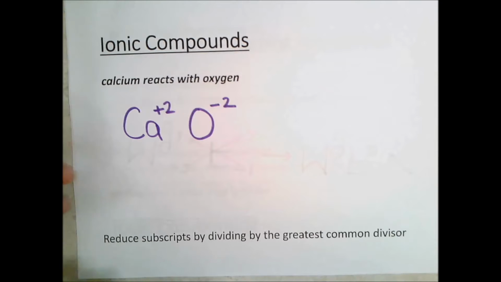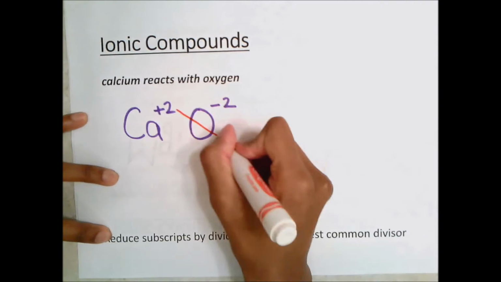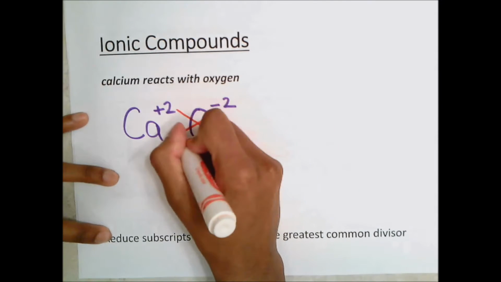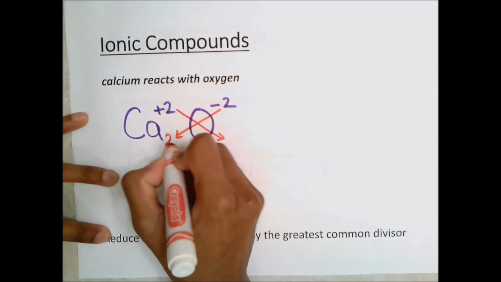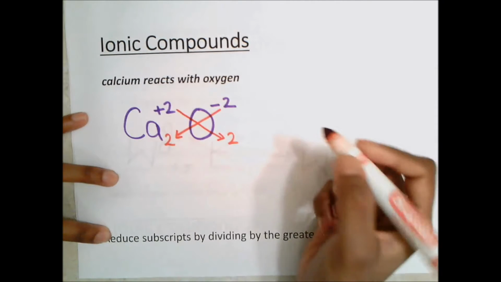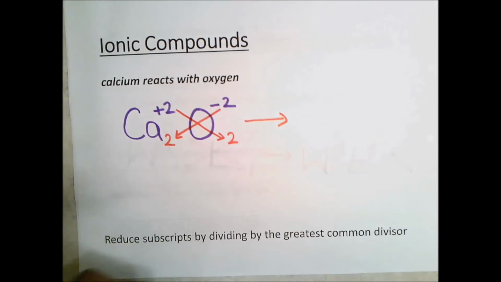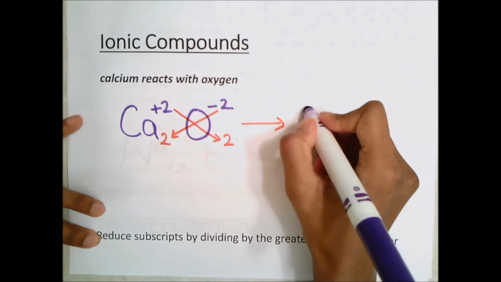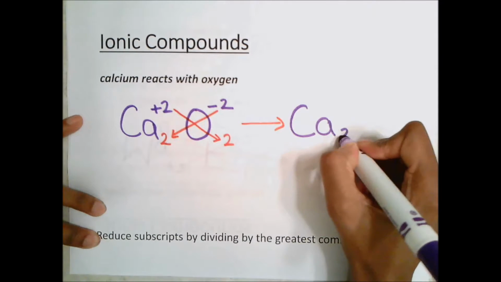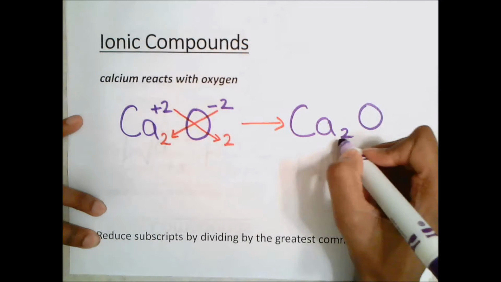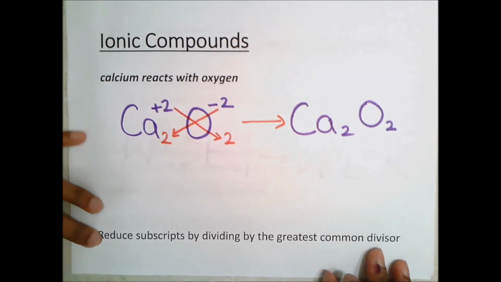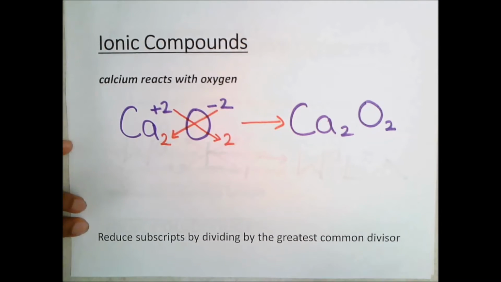Again, you're going to crisscross your charges without writing the signs. So our new formula, you would think, would look like CaO, Ca2 and O2. The only problem is we want to remember that last rule.